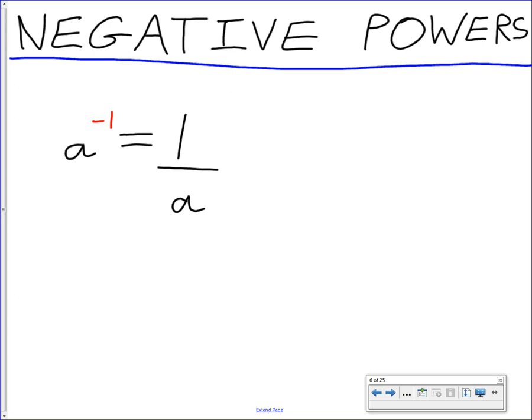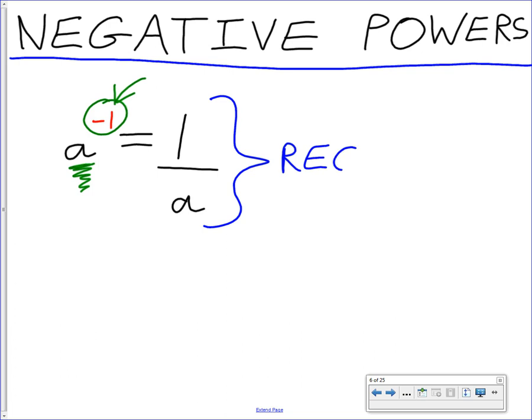Now, this little video is about negative powers. So, if we had a negative power, such as -1, any number represented by the variable a to the power of -1 is equal to the reciprocal of a.